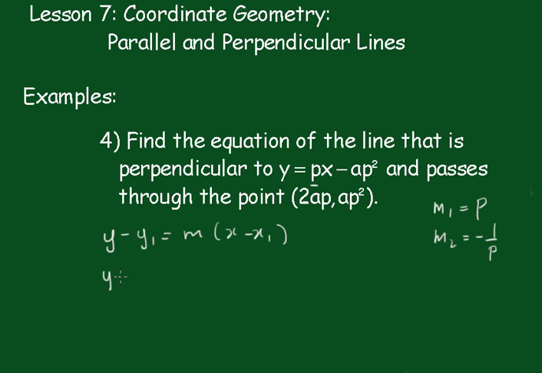So y minus ap squared equals minus 1 on p into x minus 2ap. Right, now I'll multiply this by p, so py minus ap cubed equals minus x plus 2ap.